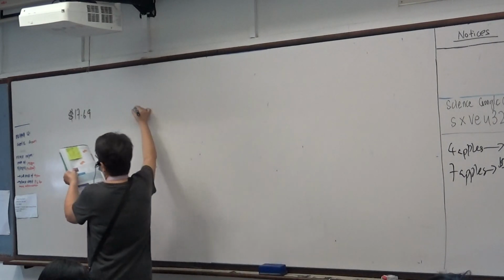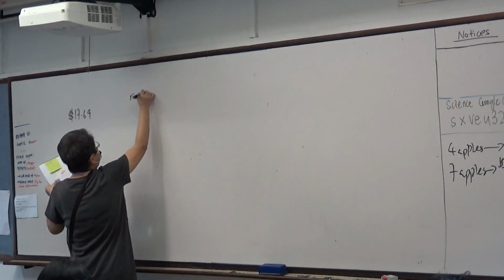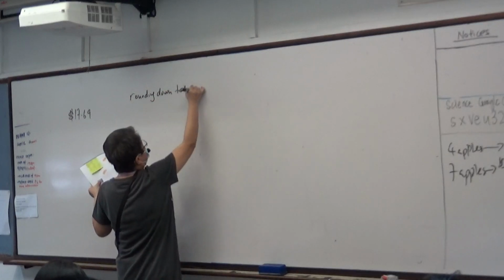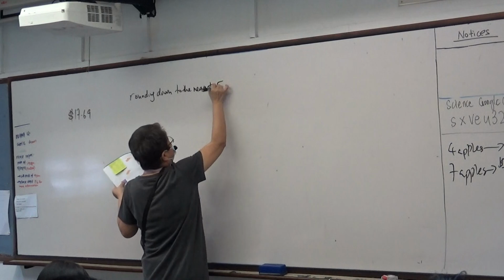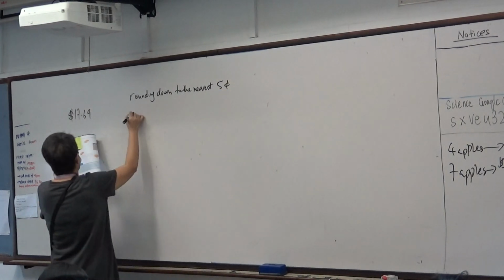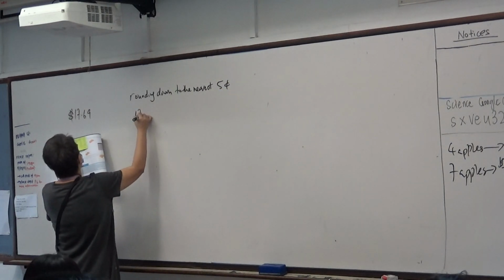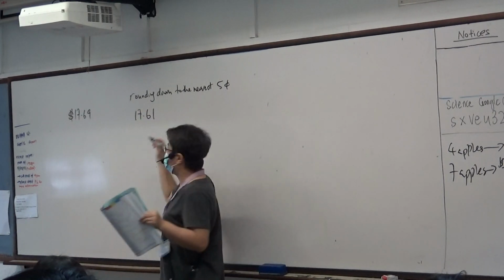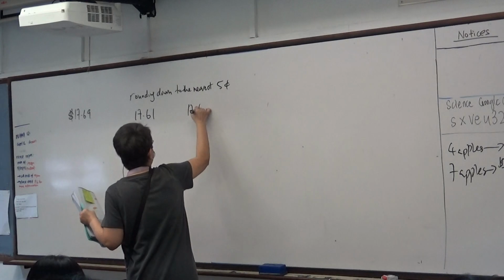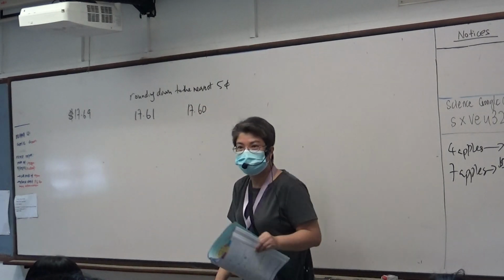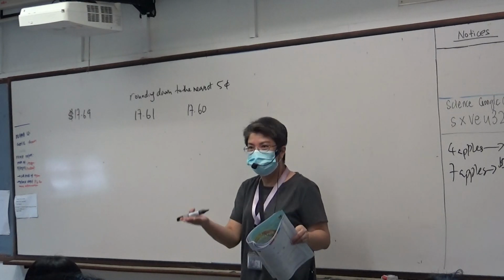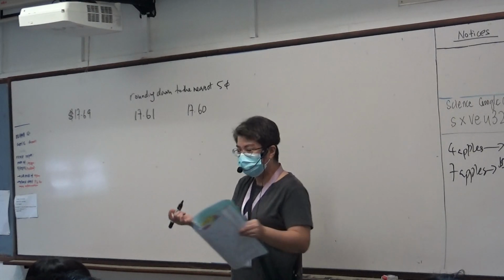Okay. Now, I'm talking about rounding down to the nearest 5 cents first. If it is 17.61, if I round down to the nearest 5 cents, it will be 17.60, right? Because let's say the cashier only has 5 cent denominations, you don't have 1 cent, okay?